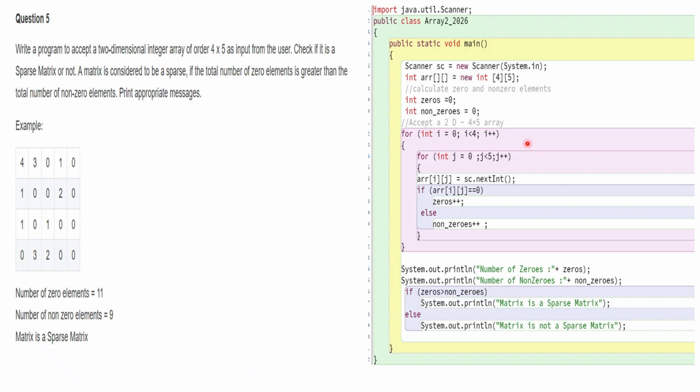Just read the array in scanner using a nested loop, and while reading itself you can just check whether it is equal to 0 or non-zero. Increment the particular counters, and after the entire for loop you just check if the zeros counter is greater than non-zeros, you will print that it is a sparse matrix, else it is not a sparse matrix.